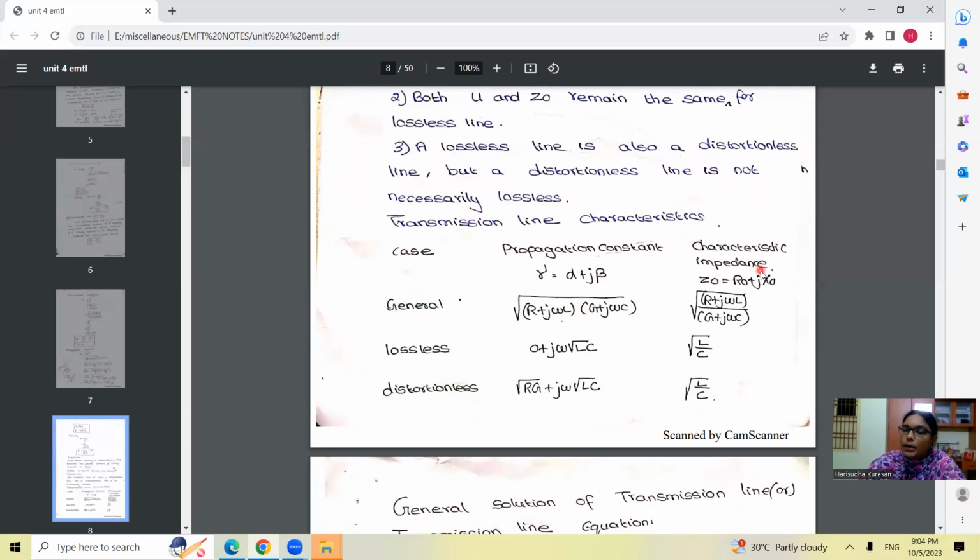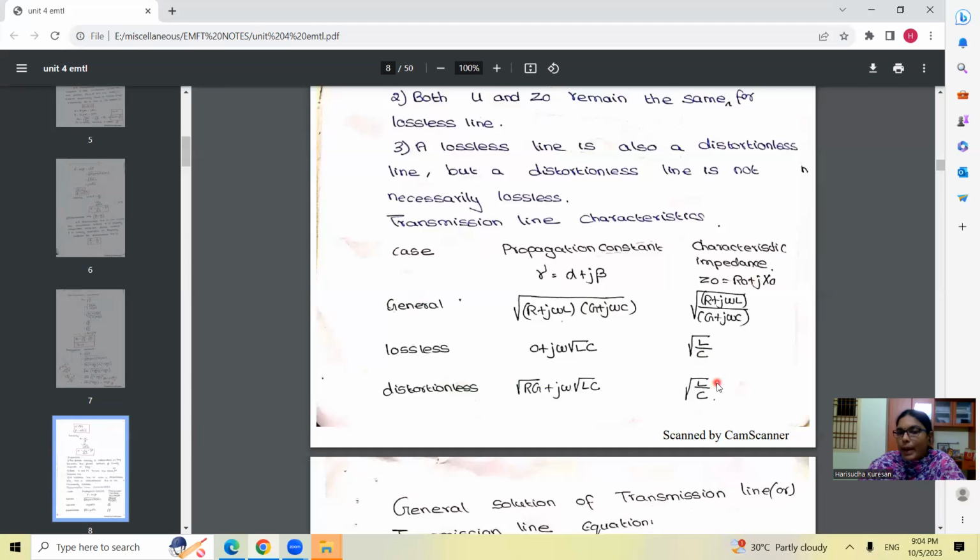Similarly, the characteristic impedance for the lossless line is square root of L by C. And the other special case is the distortionless line, in which the propagation constant gamma is nothing but square root of RG plus J omega square root of LC, where the attenuation constant alpha is square root of RG, and the phase constant beta is omega into square root of LC. And the characteristic impedance for the distortionless line is the square root of L by C.